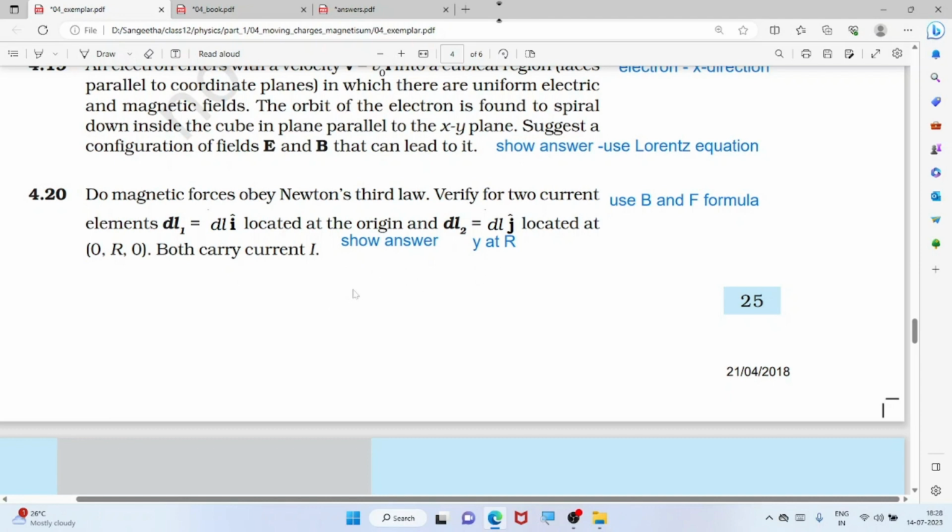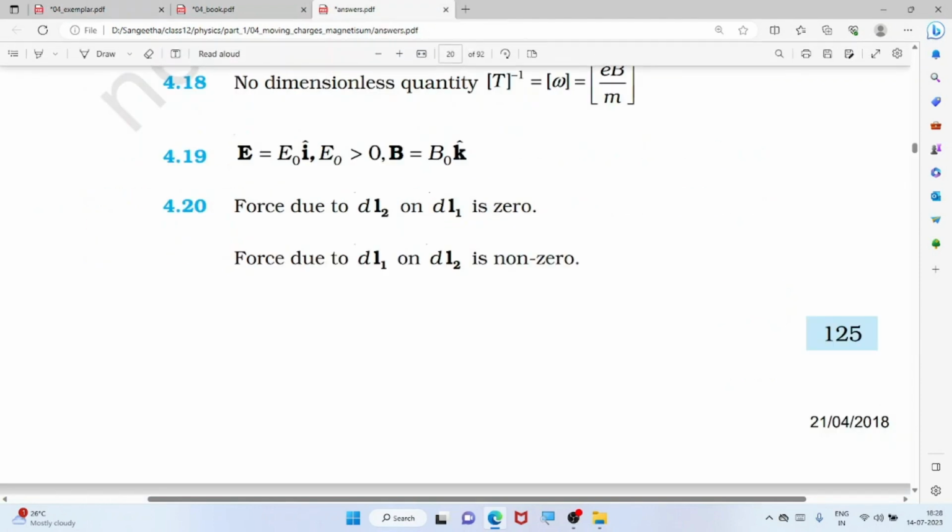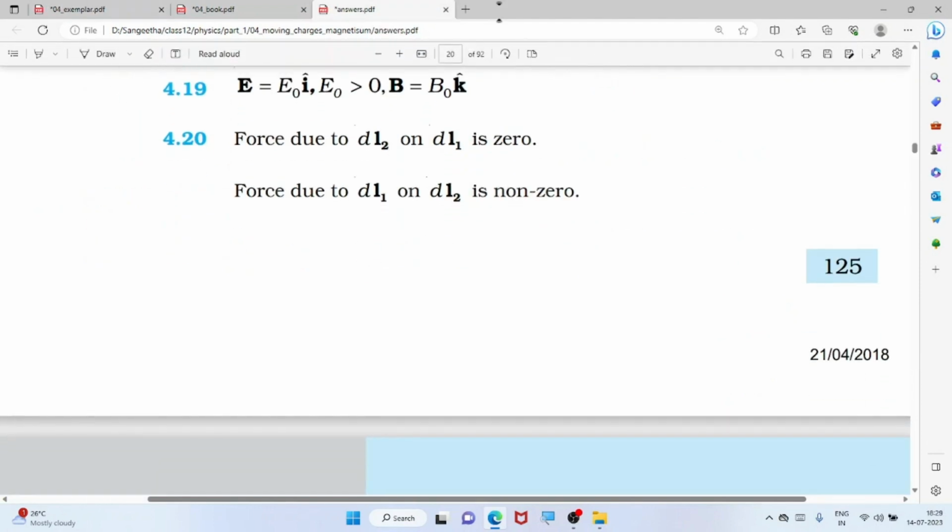So you have to find the magnetic field and the force formulas. If you use that, then the force due to dA2 on dA1 is 0 for this, and this one is non-zero.